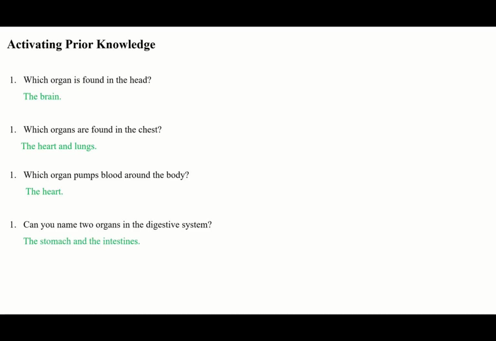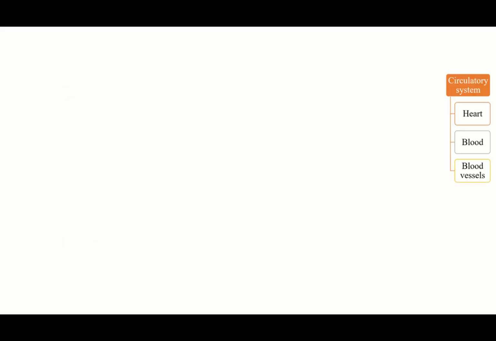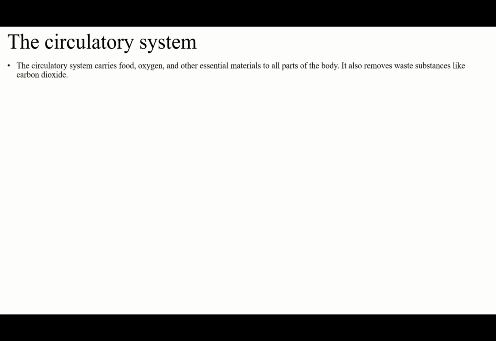So today we are going to focus on the most important system in your body, which is the circulatory system. Okay, it's one of the most important ones. So first of all, we have to know what the circulatory system is. The circulatory system carries food, oxygen and other essential materials to all the parts of the body, and it also removes waste substances like carbon dioxide.